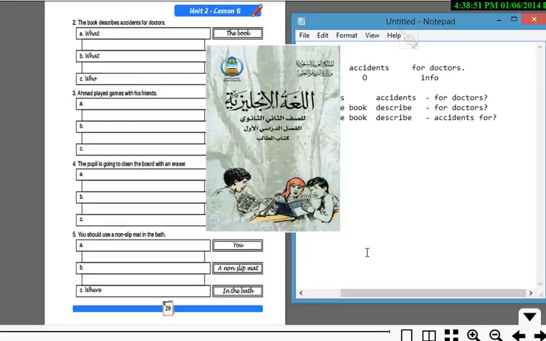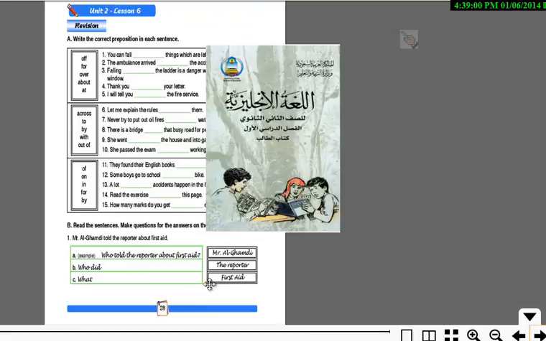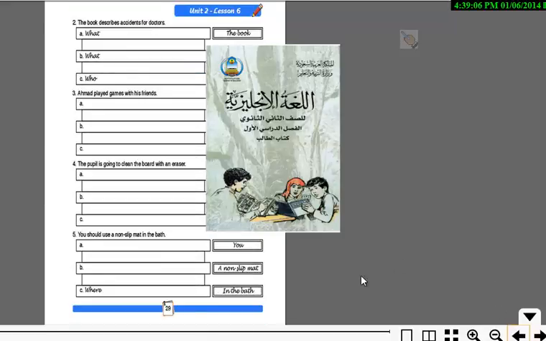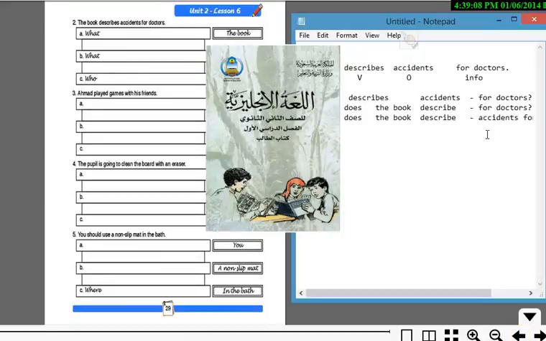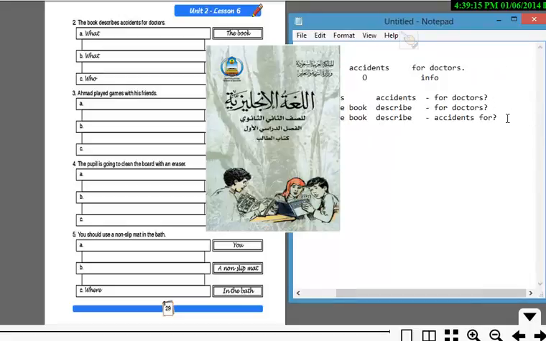I'm going to be using for here because I do need this word to indicate the information. If you could just try to remember, last time we used about first aid, we used the word about, which is a preposition, but here we're using for. So it's pretty much the same concept. We're only trying to make better implementation for better application for it.